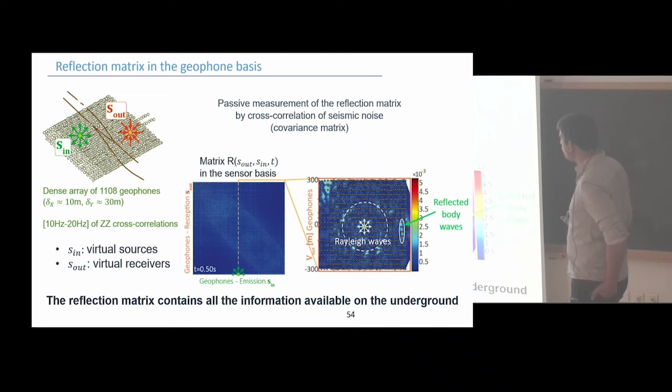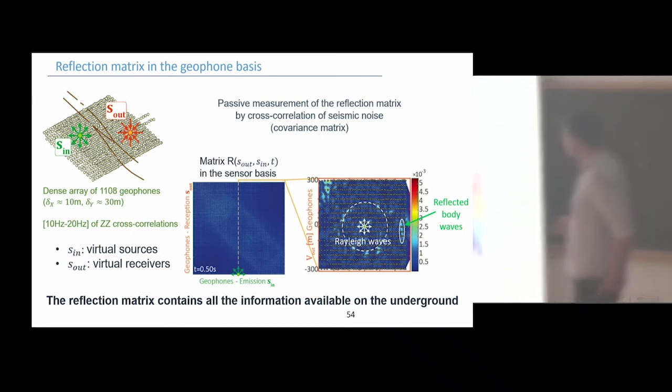If you look just at the data, you can see the contribution of the Rayleigh wave, but on top of that, you have some contributions coming earlier, probably due to body waves scattered in depth and coming back before the Rayleigh wave reaches this point S out.